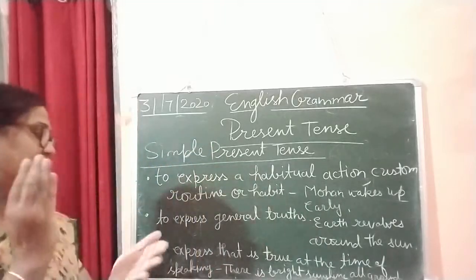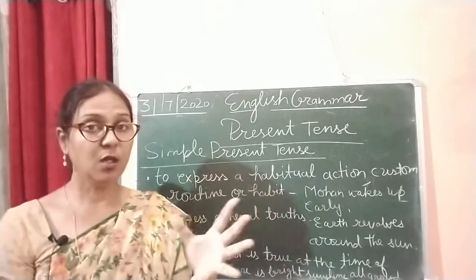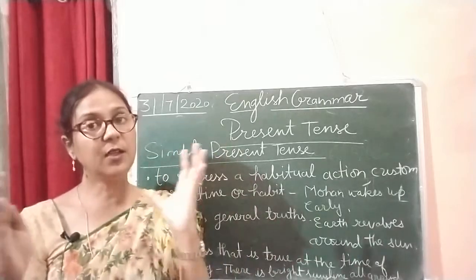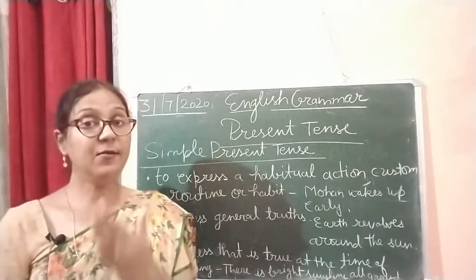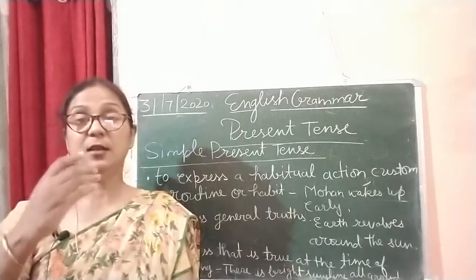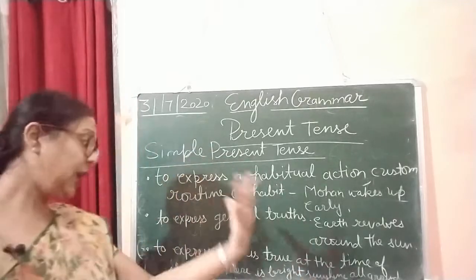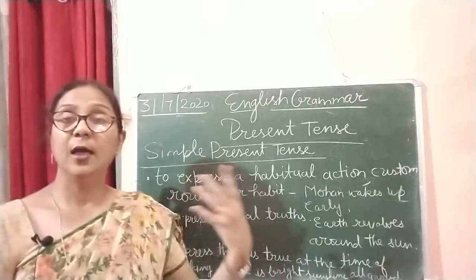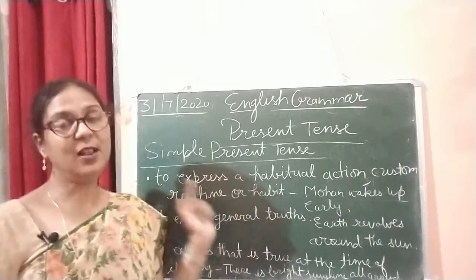So this expresses what is true at the time of speaking. We are giving a description about nature. So it is true, and we are talking about the present. That is why it is used to express things that are true at the time of speaking.